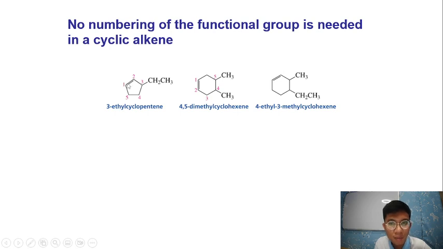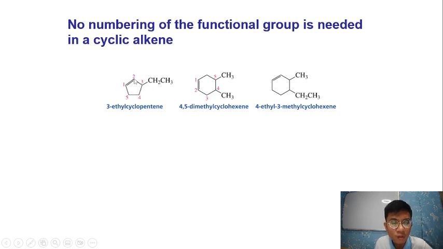But, yun nga, the problem there is if you will go clockwise or counterclockwise, so yung substituent, like for this example, you need to give this substituent a lower number. So if you go clockwise 1, 2, 3, there's an ethyl substituent in the third carbon position of the cyclopentene.